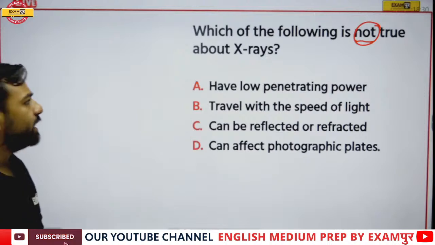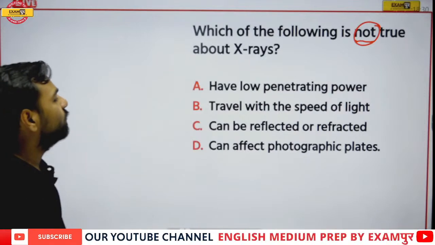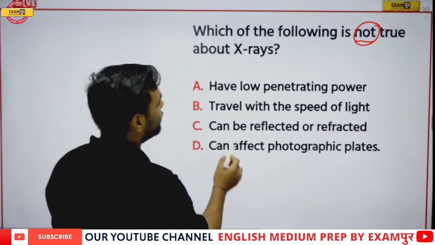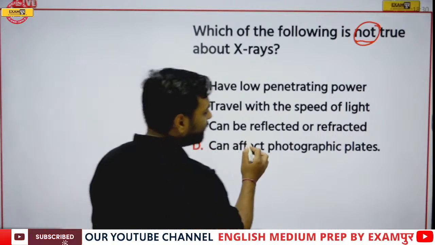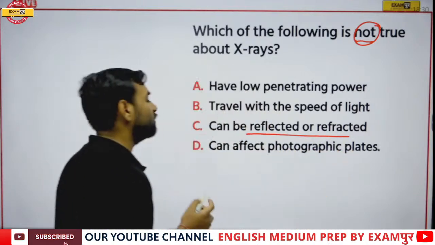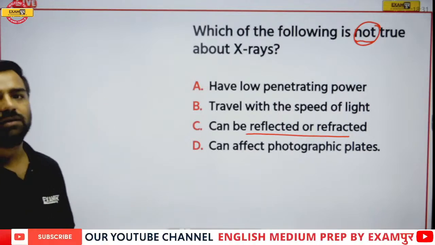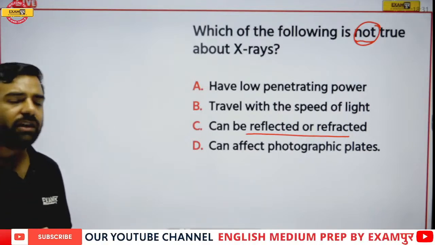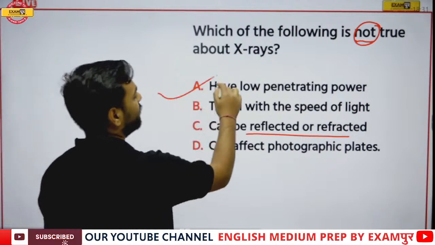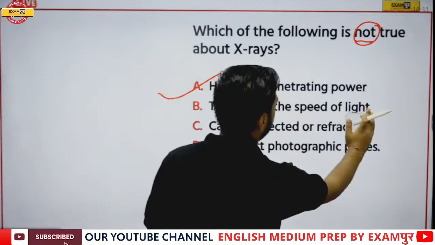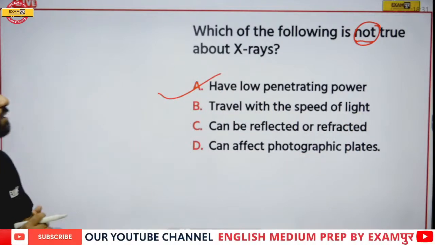See, if I talk about the X-rays, we know that X-rays can travel with the speed of light. They can be reflected or refracted, and also they can affect the photographic plates. The only option that is not correct is option number A, that is, they have low penetrating power. So option number A would be the correct answer over here.